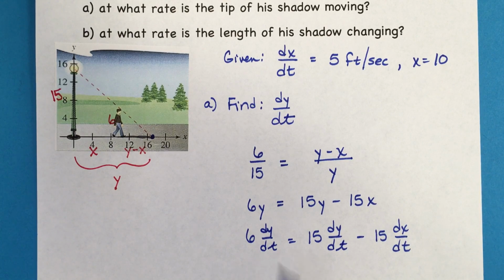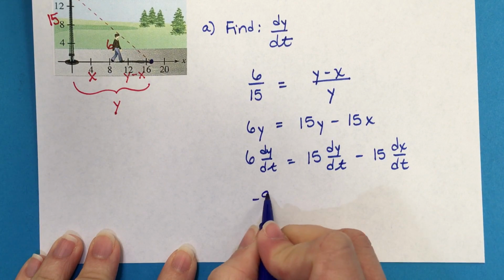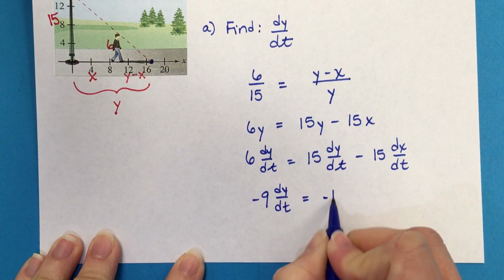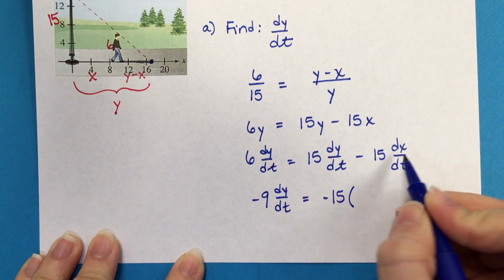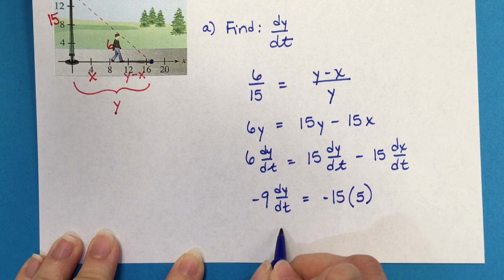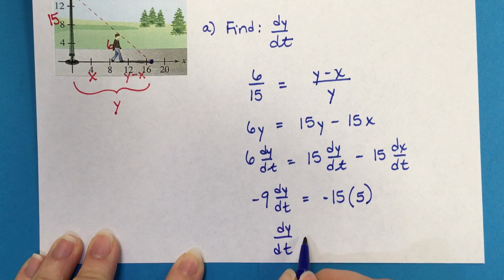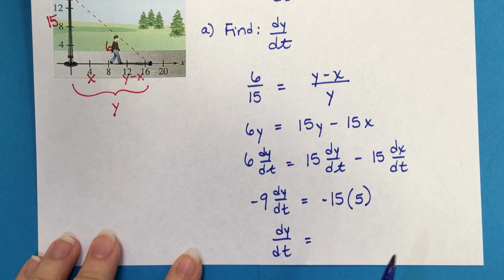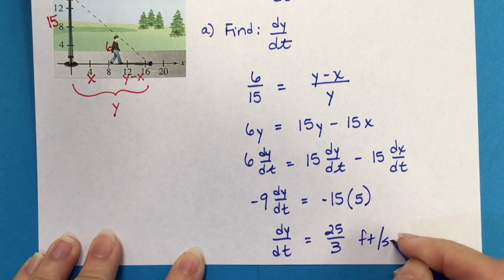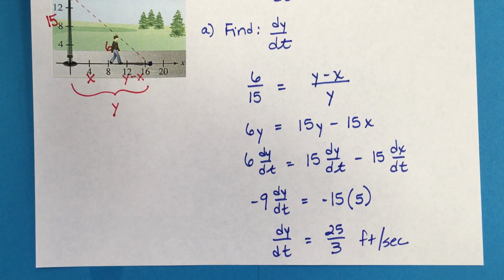That means subtracting 15, so this would be negative 9 dy/dt, and then I've got the negative 15, and I replace dx/dt with the given value of 5. So you'll have negative 75 divided by negative 9, which is 25/3 feet per second. So that's how fast the tip of the shadow is changing.